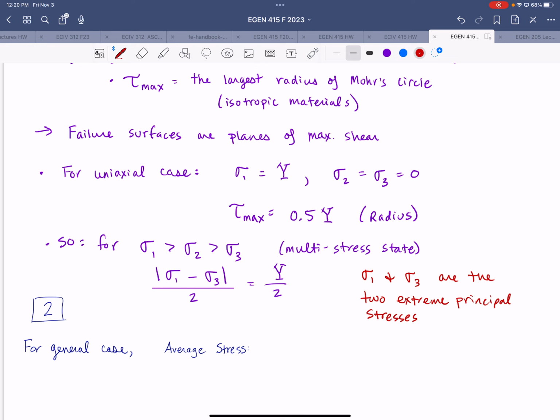And that's the Tresca criterion. Any questions so far? Okay. All right.